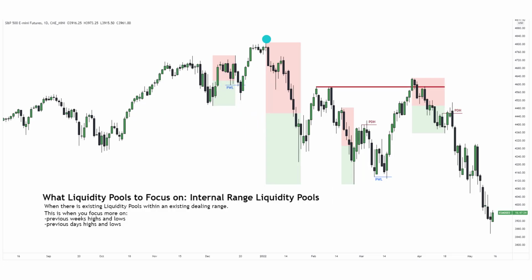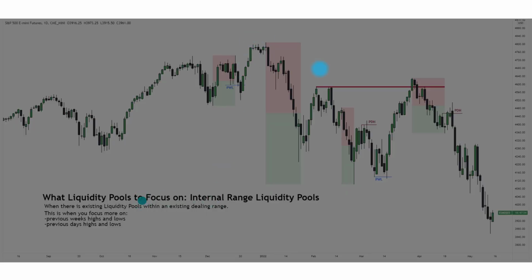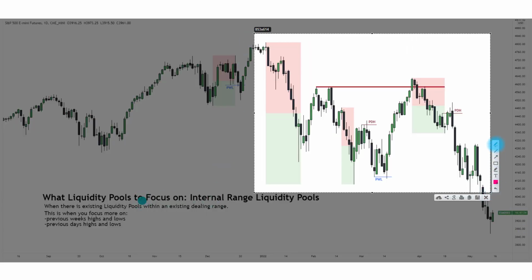Same thing here. We have this entire leg here. So this entire move down here. Inside of that range, we have clean highs. So that clean high can act as a liquidity pool inside a premium market. So this entire area is premium from this high to this low.